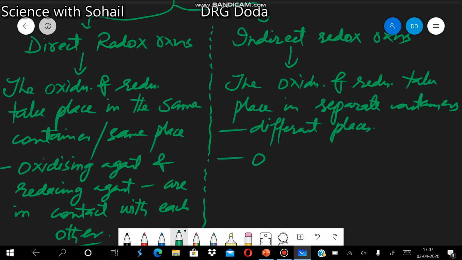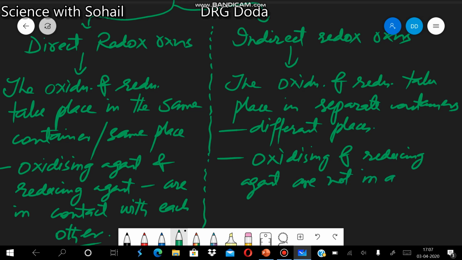And the oxidizing and reducing agents are not in direct contact with each other.